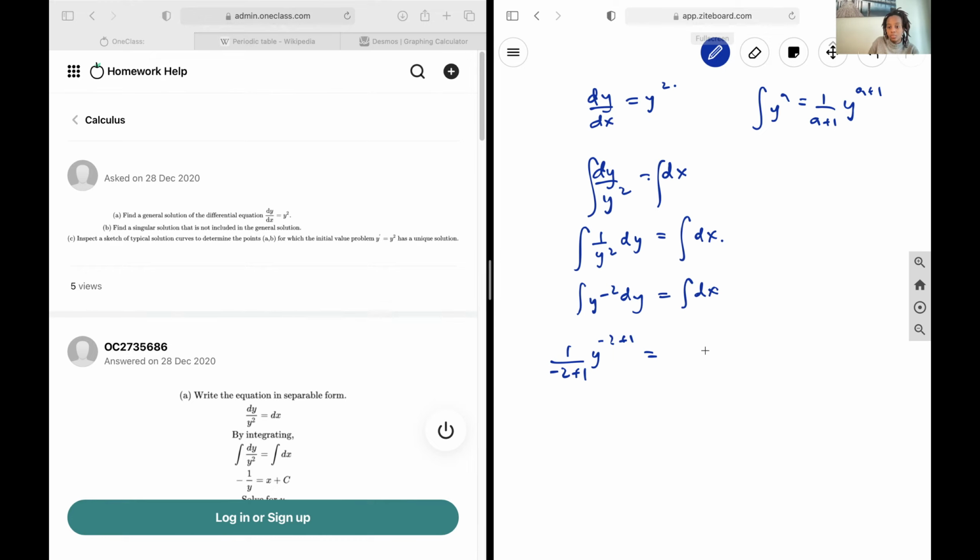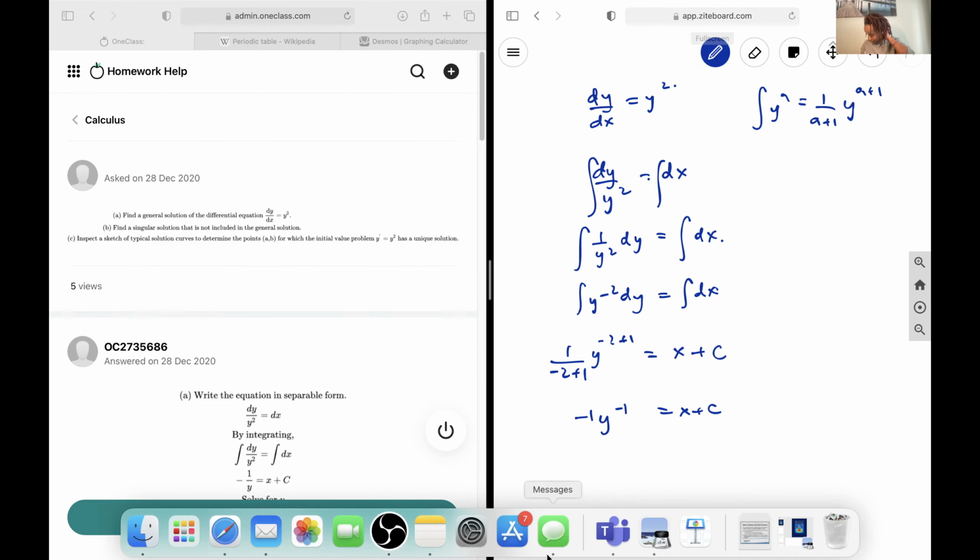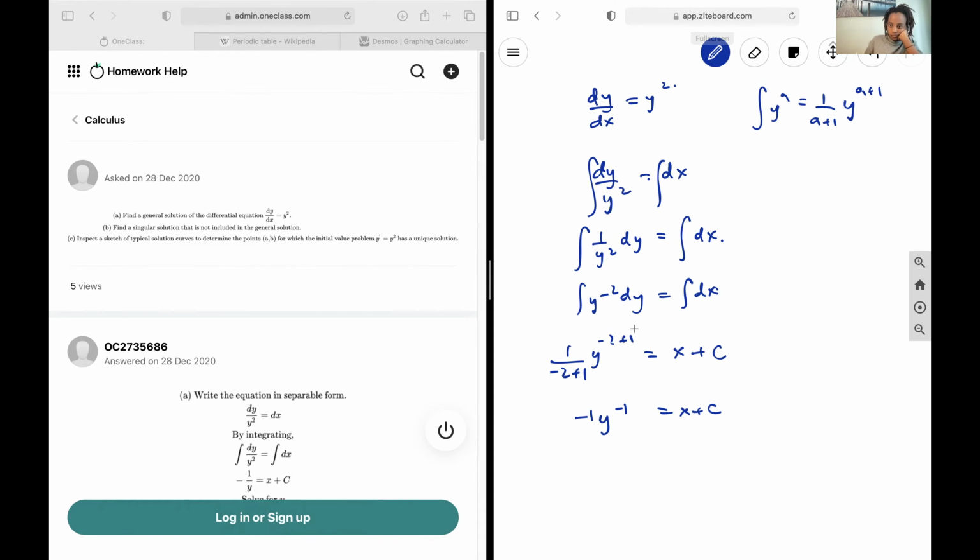Instead, I'm going to put the c term with the x because I want to get my final answer in the form y is equal to some function of x plus c. So this is x plus c. Let's write out what this becomes: negative 1 times y to the negative 1 is equal to x plus c.